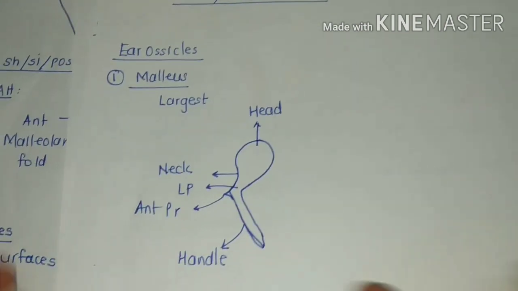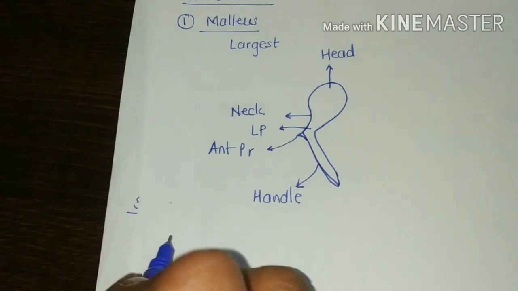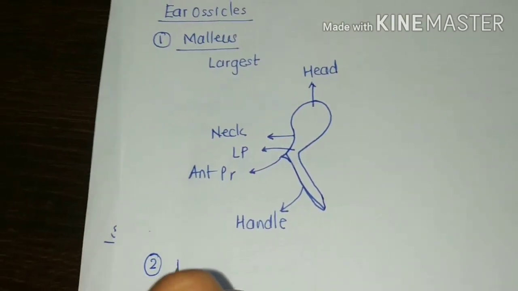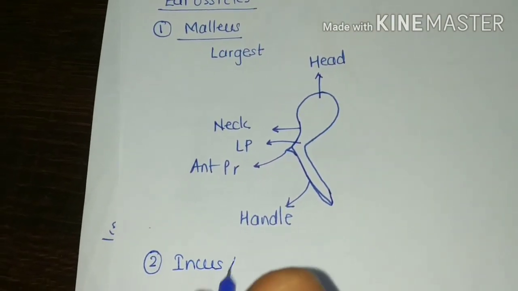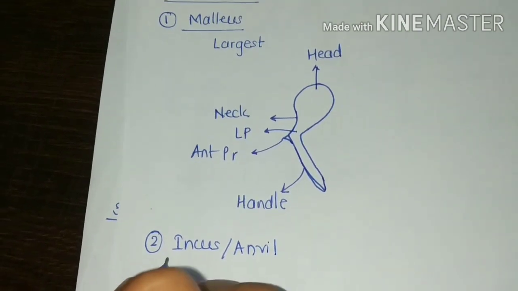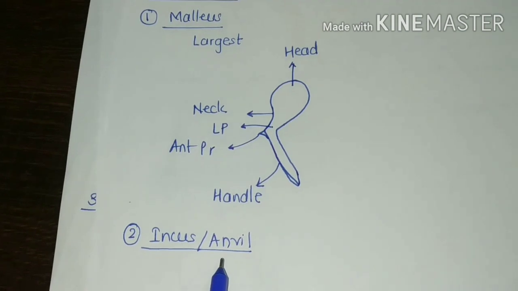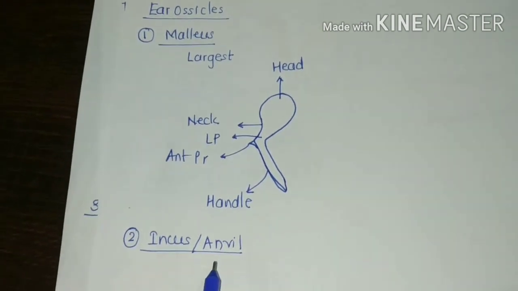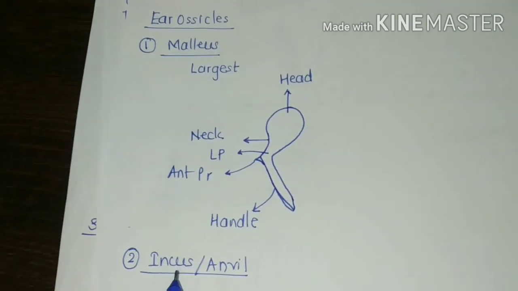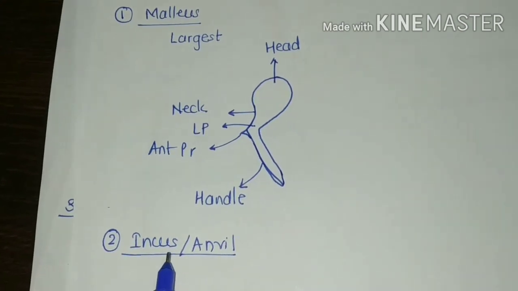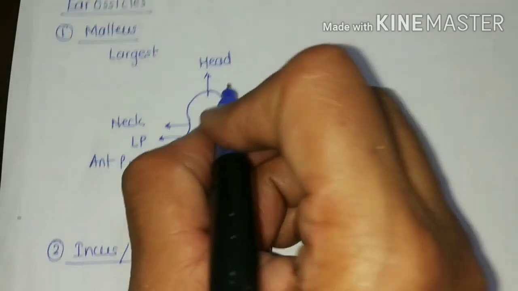Now coming to the second bone, that is the incus, which is also called anvil. Now it is so called because it resembles the anvil which is used by a blacksmith. It also resembles a premolar tooth. It has following parts.